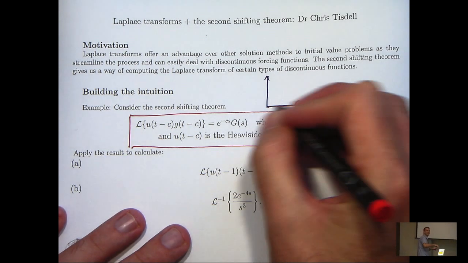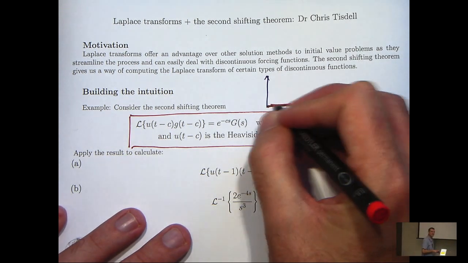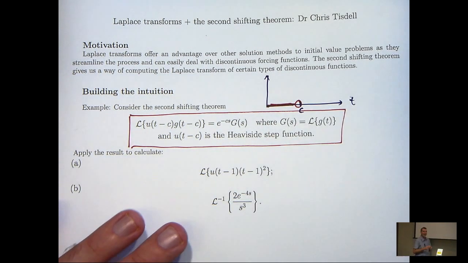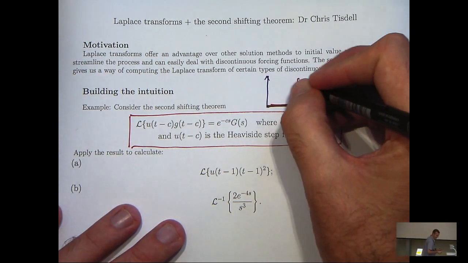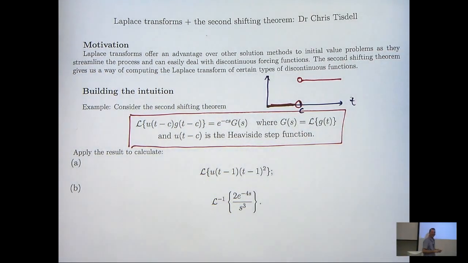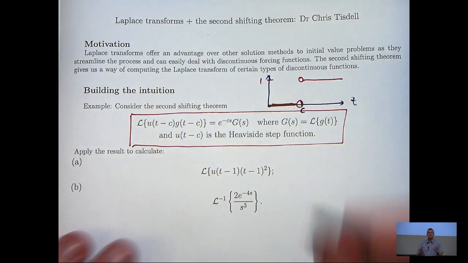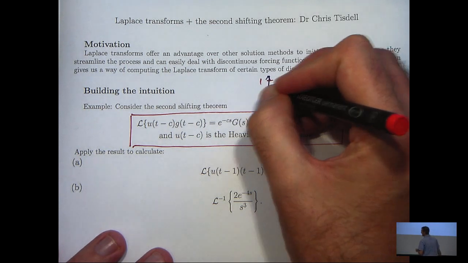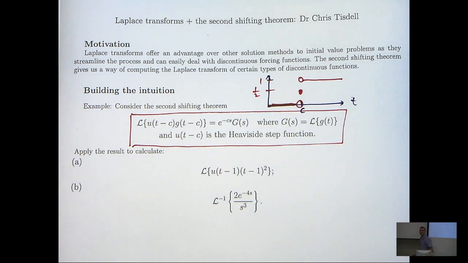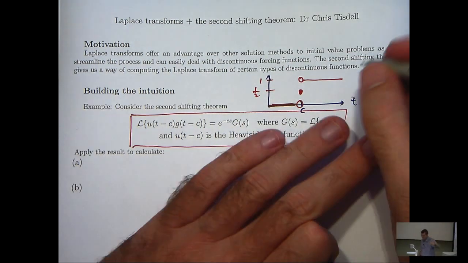To the left of the point C, the Heaviside step function is 0. To the right of the point C, it is 1. And at the point C, it is just 1/2.